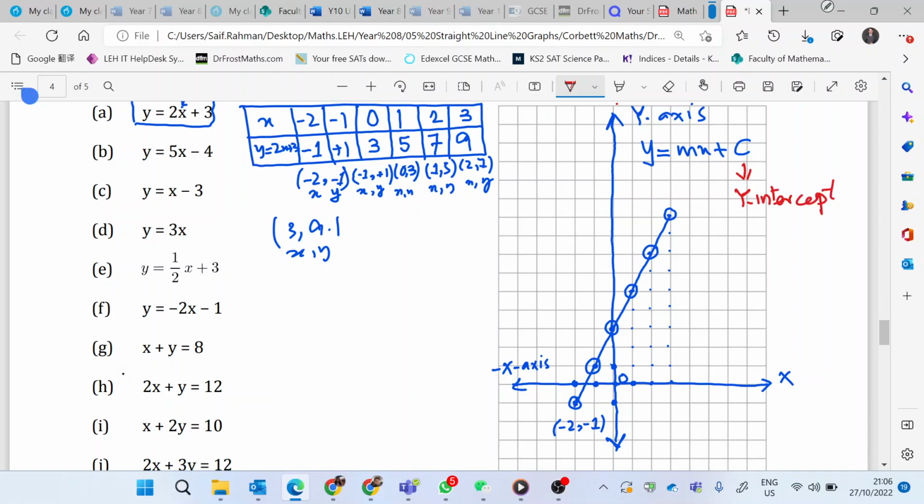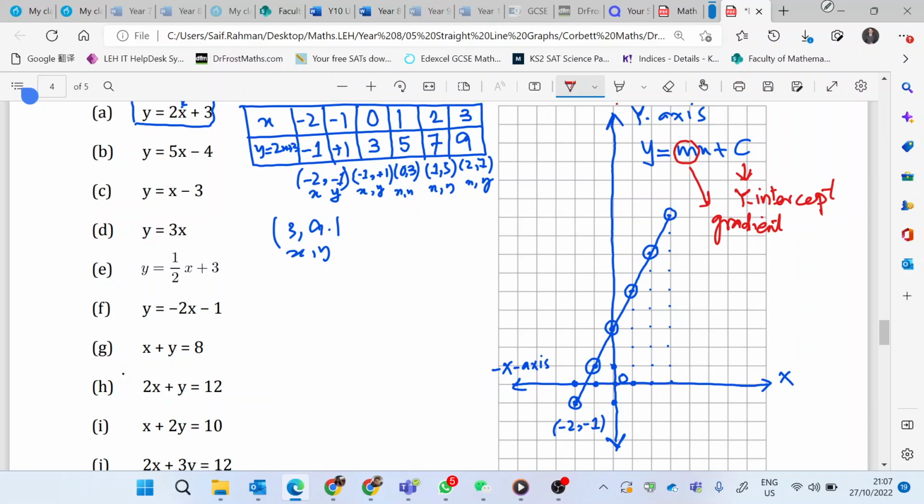That means the c here is the point where this line crosses the y-axis. m here is the gradient. Gradient means the slope of a line, how steep or less steep it is.